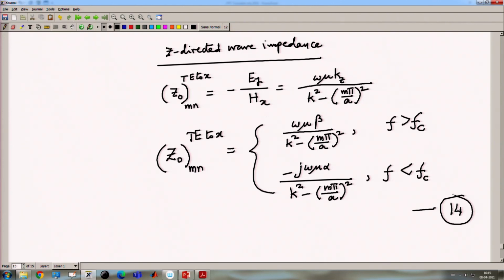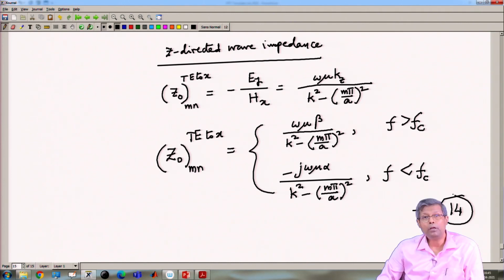So that ends the preliminary framework we need for the mode functions of the TE to x and the TM to x modes, which we are going to now use to analyze and find the dispersion characteristics of the partially filled rectangular waveguide.